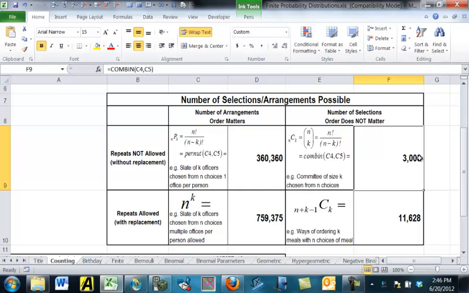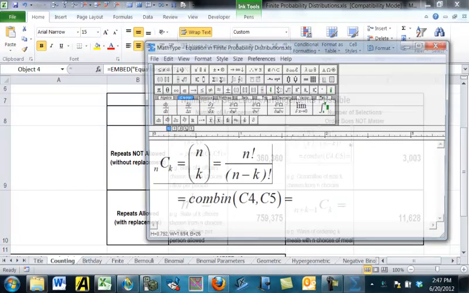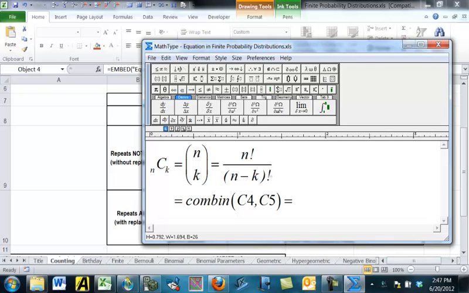And if we have a committee of size k chosen from n choices, that's n choose k, written one of these 2 ways usually. It's n factorial over n minus k factorial, and it's also divided by k factorial.